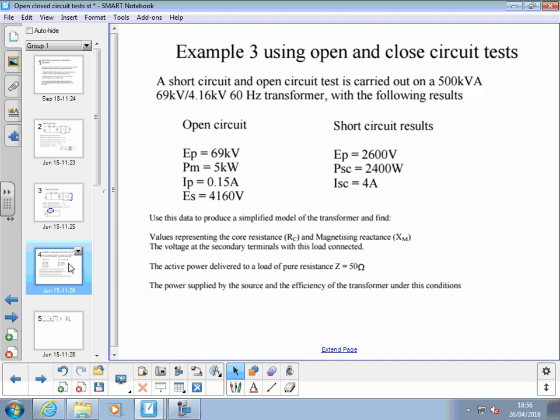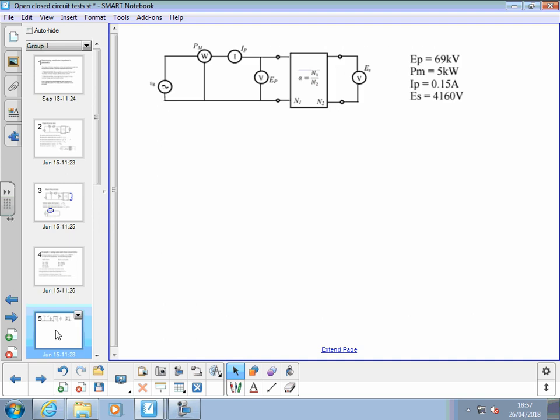Use this data to produce a simplified model of the transformer and find values representing the core resistance, the magnetising reactance, the voltage at the secondary terminals with the load connected, the active power delivered to the resistance of 50 ohms, power supplied by the source, and the efficiency of the transformer under these conditions. So once we've done that, we can do all of this stuff.